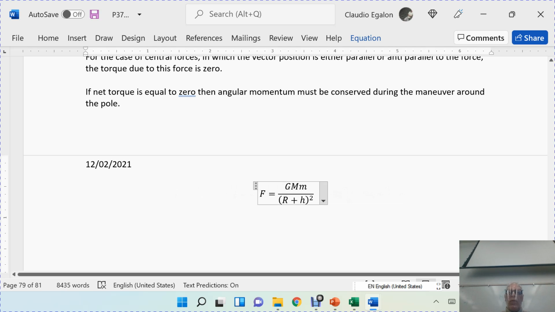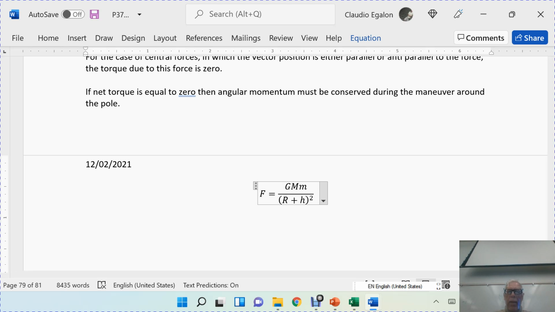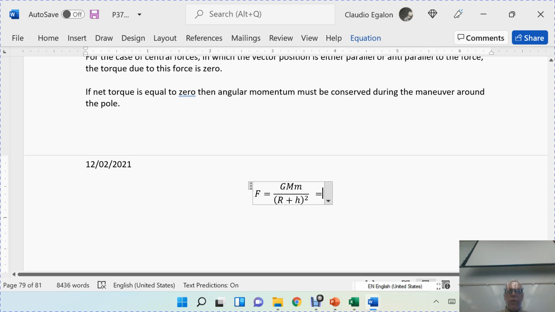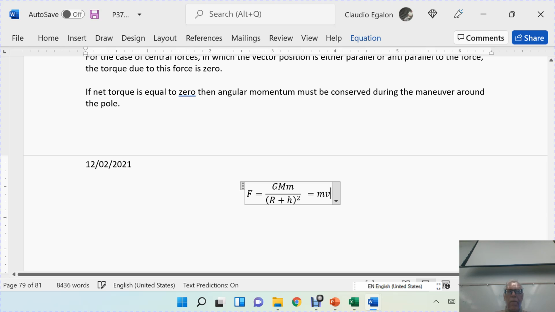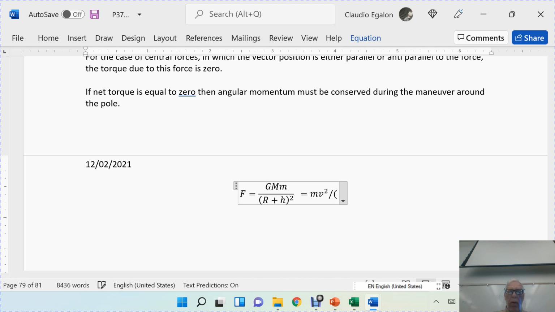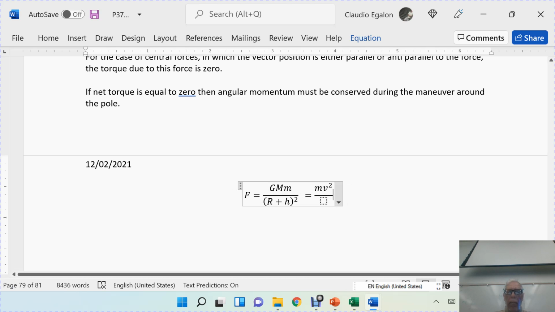But because the satellite is undergoing uniform circular motion, we can state that the force of gravity is the centripetal force as well. It is mv squared over r plus h.